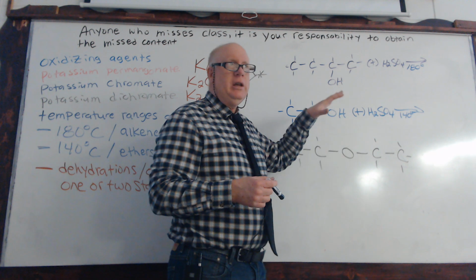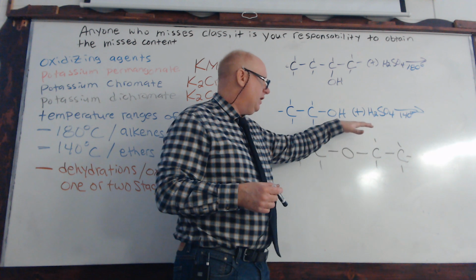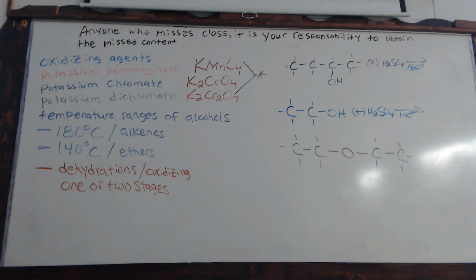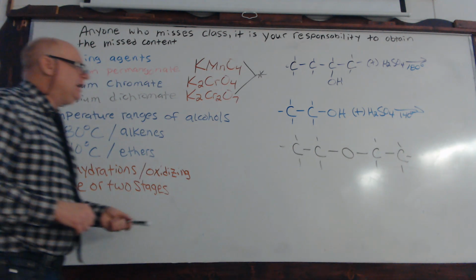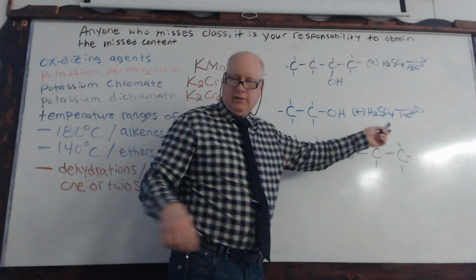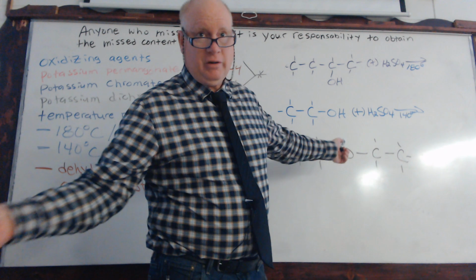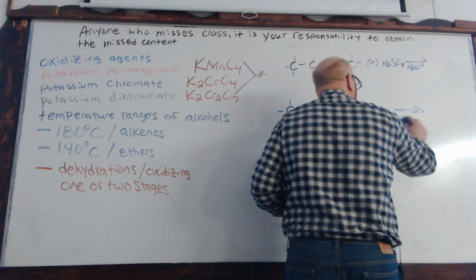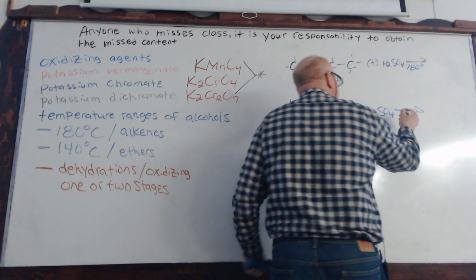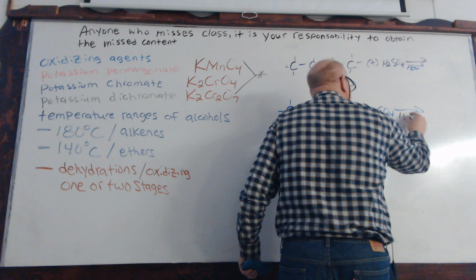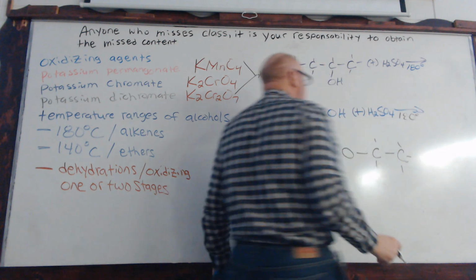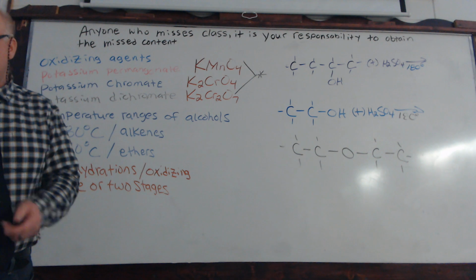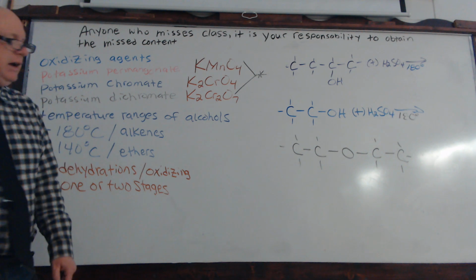So if we were going to change the temperature range on this, could we possibly form an alkene from this, do you think? Because we just put this up at random. What happens if we heat this to a little higher temperature, closer to 180 instead? We're certainly not going to get an ether because the temperature range is too high.